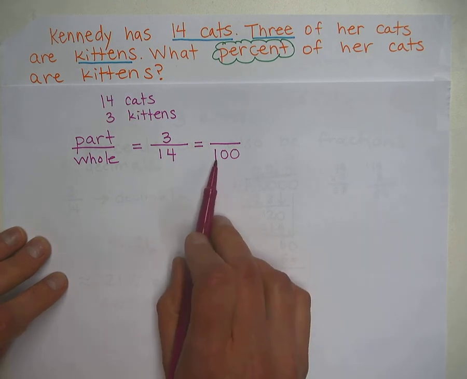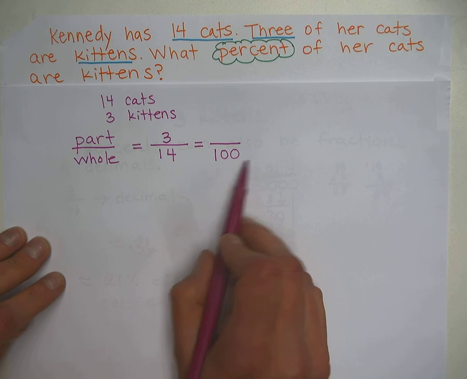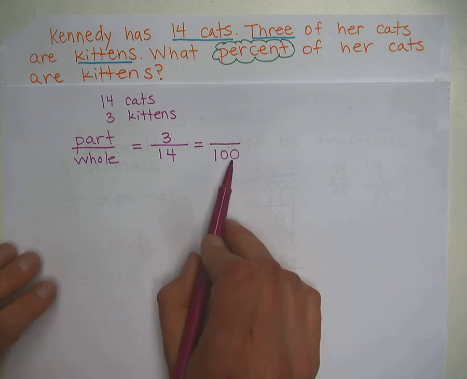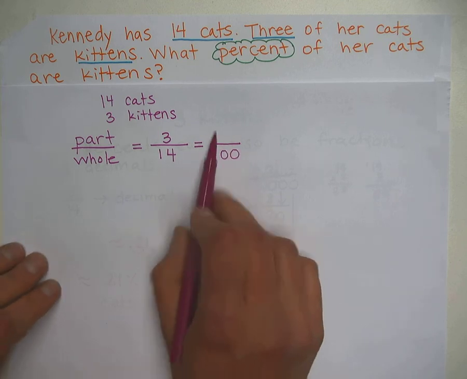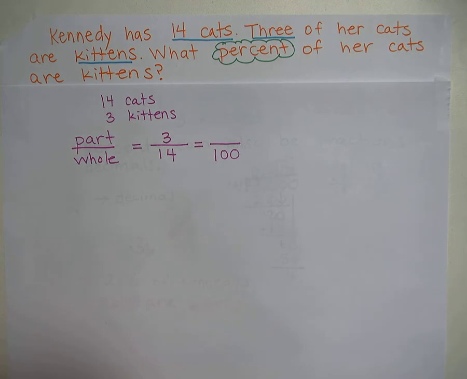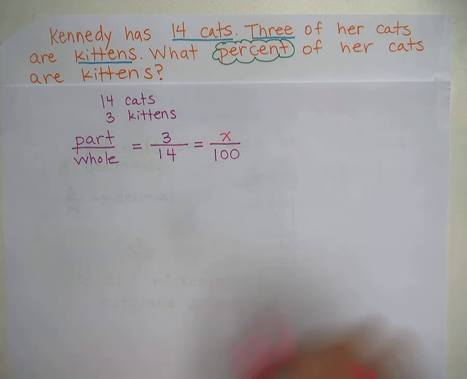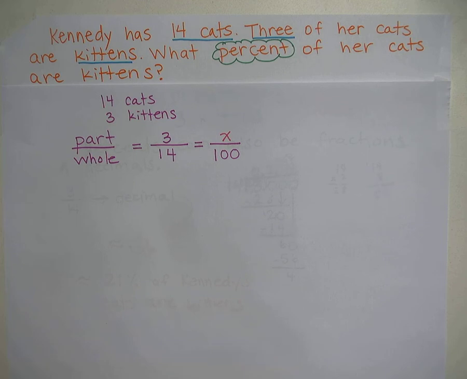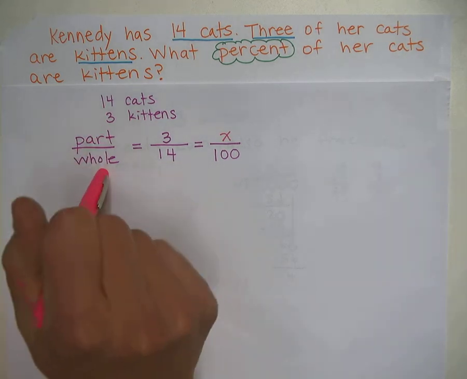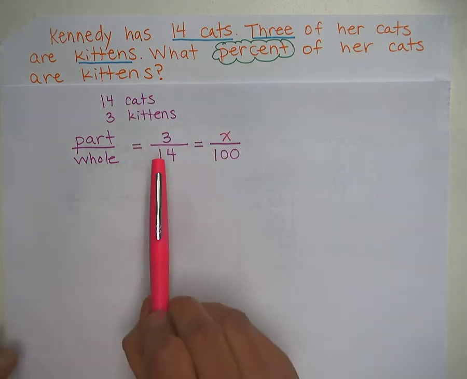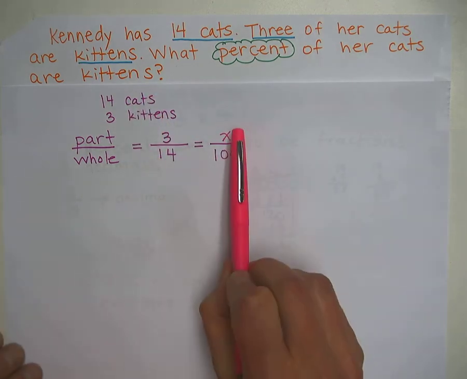And I'm just writing 100. I don't need to write percent. Just 100, because this is going to be our percent. All percents are out of 100. So that becomes our unknown. We're going to use a variable. This is also an introduction to a little bit of algebra, which we're going to be working on a little bit later in the year. So part to whole, 3 to 14, x to 100, because we're trying to figure out our percent.